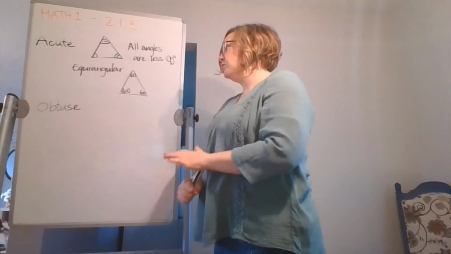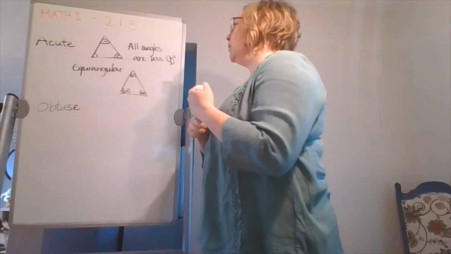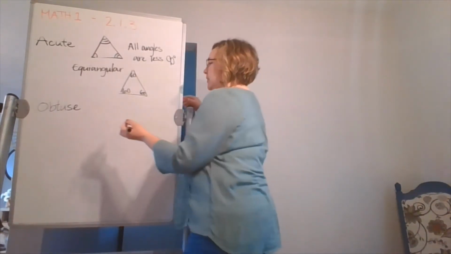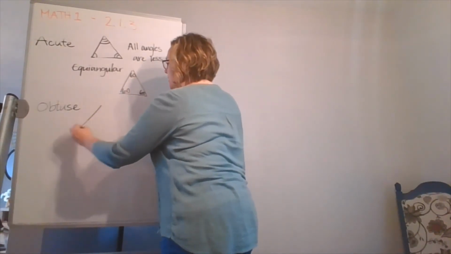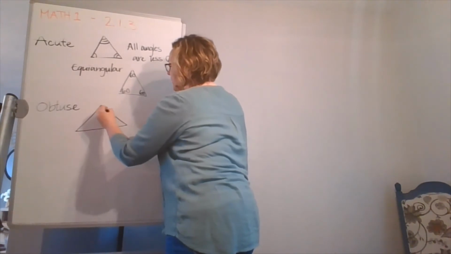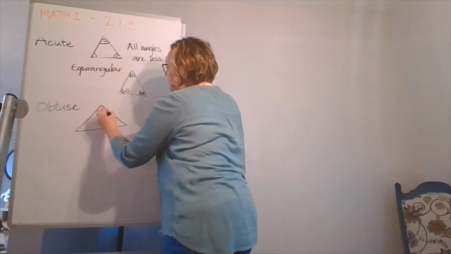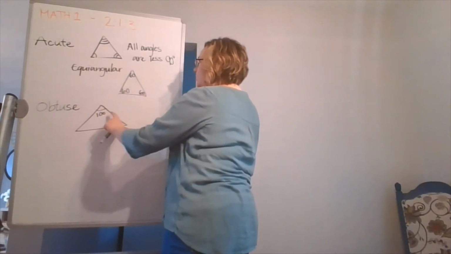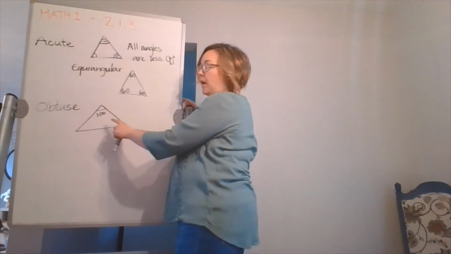An obtuse triangle is a triangle where one angle is larger than 90 degrees. So let's say this angle is 100 degrees. Then that's an obtuse triangle.